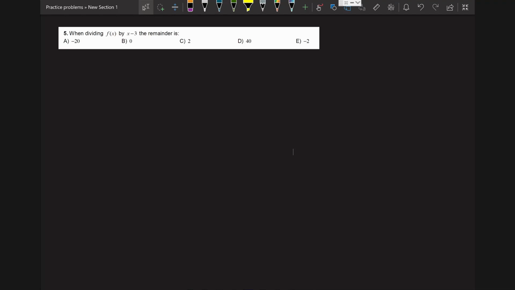Okay, so moving on here to question 5. This one's the same as question 1, but they're telling you what to divide by, and since x minus 3 is not a factor as we solved for, we know we're going to get a remainder, so automatically 0 is off the table as an answer.